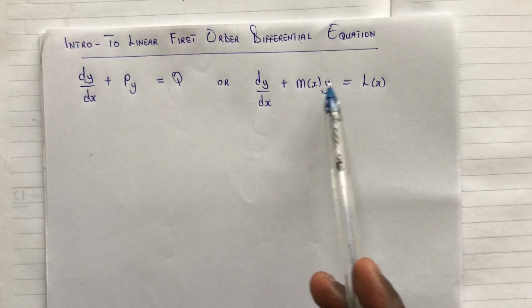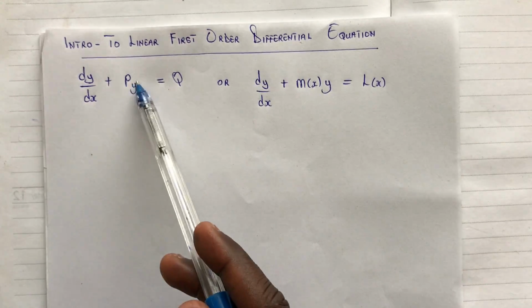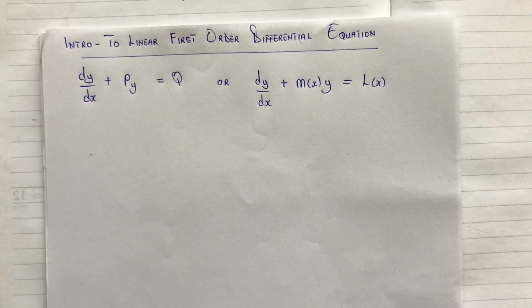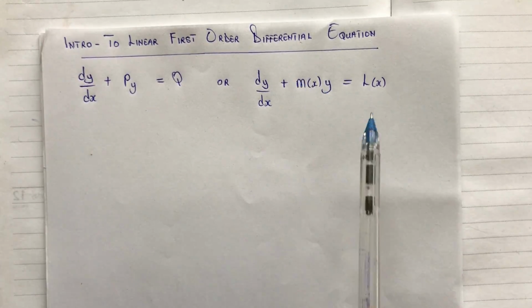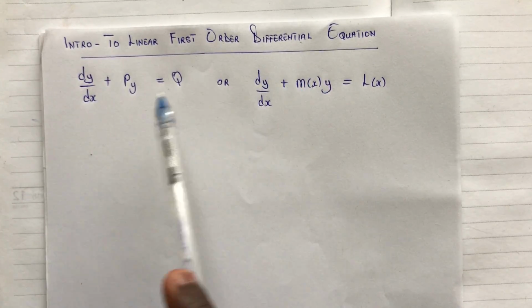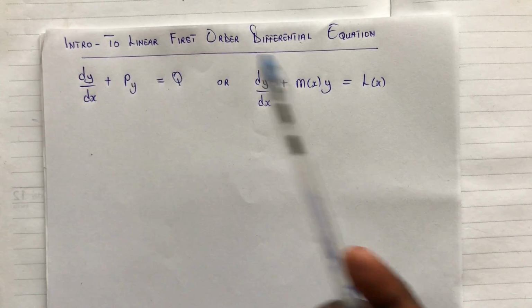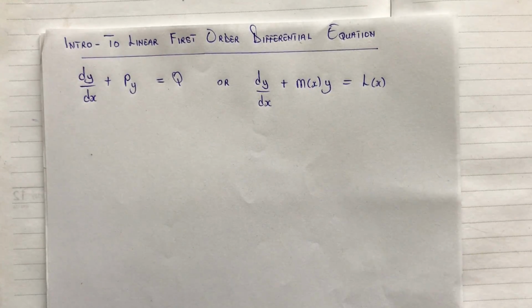Remember that m of x, L of x, or p and q are two separate functions in terms of the variable x. That was why I gave this example so that you know the difference. So p and q, or m and l, are two separate functions in terms of the variable x only.